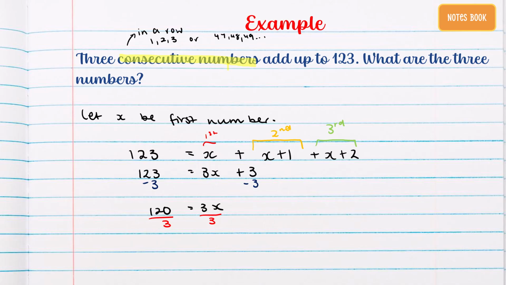Okay. This means that my first number is 40, and then it's the two numbers after that. So the three numbers would be 40, 41, and 42. And if you add them all together, you should get 123.